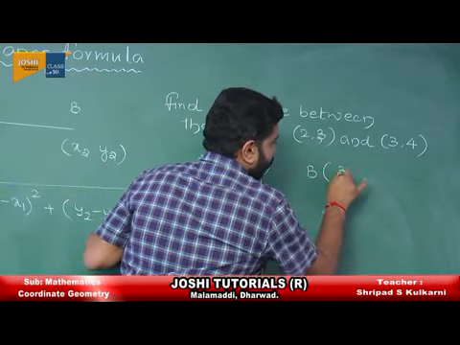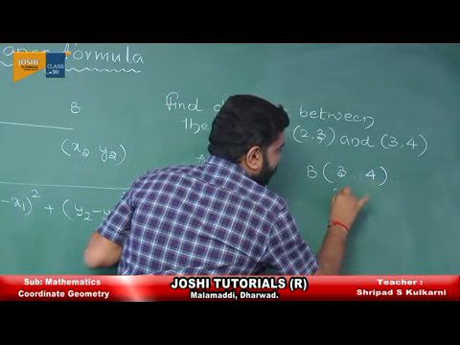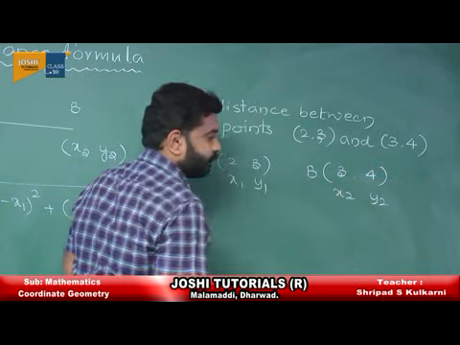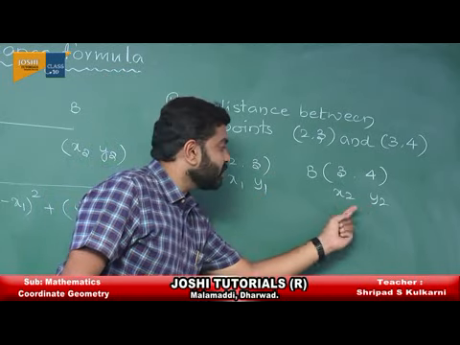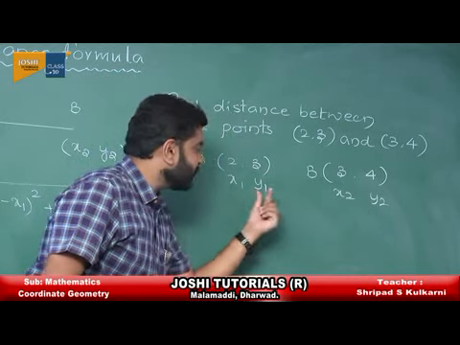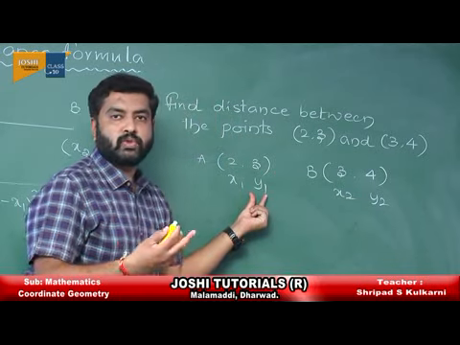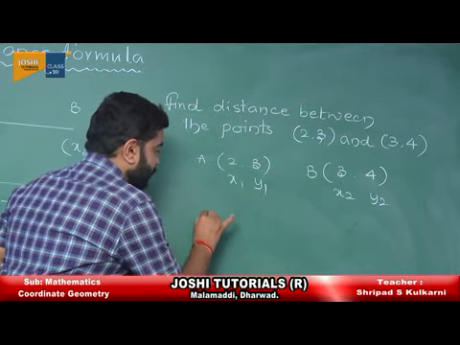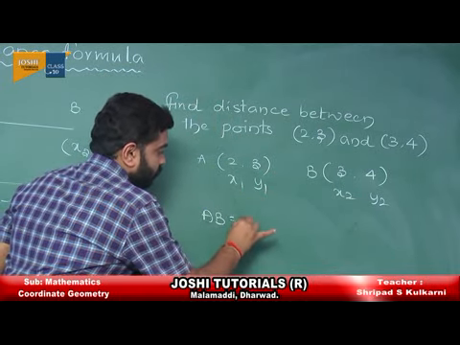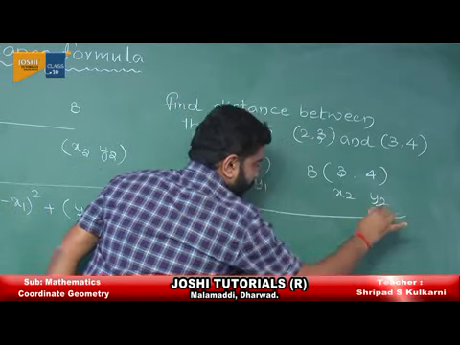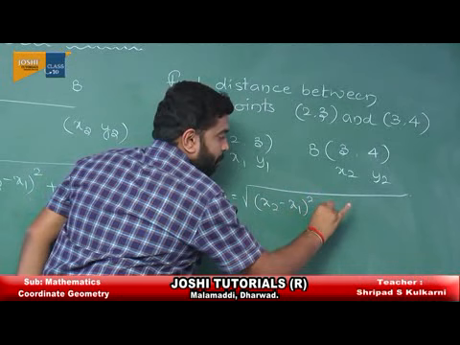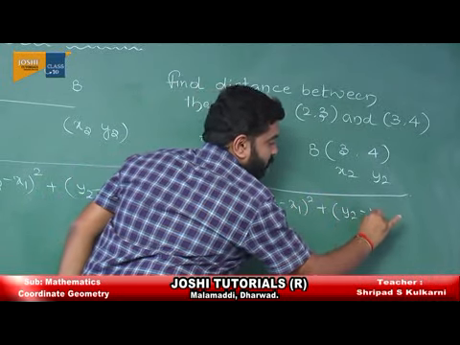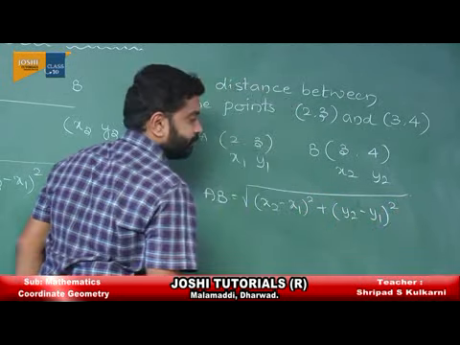B is (3, 4), which I have taken as x2, y2. You can interchange them. If you take this point as x1, y1 and that point as x2, y2, no problem. Same, AB is equal to square root of (x2 minus x1) whole square plus (y2 minus y1) whole square.